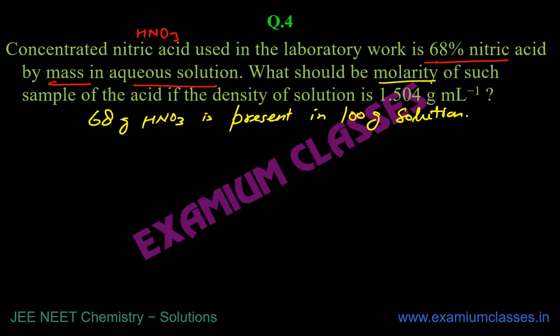What should be the molarity of such a sample of acid if the density of the solution is given? Remember, density is always of the solution. So you should not use it for 68 grams. That is the mistake usually students make. Density is related to the solution, so obviously it is of this 100 gram, not of 68 gram.